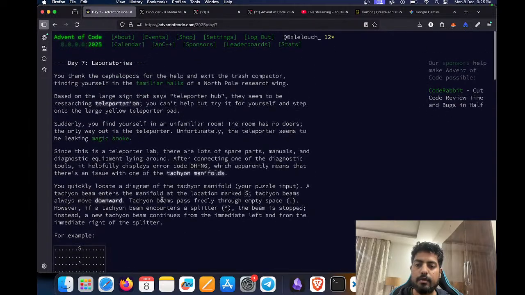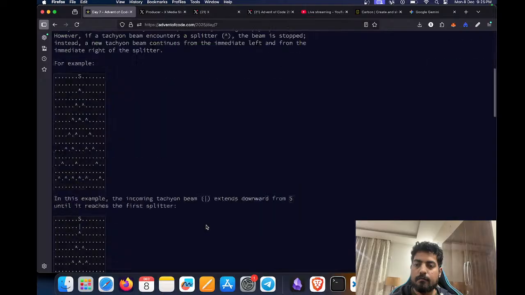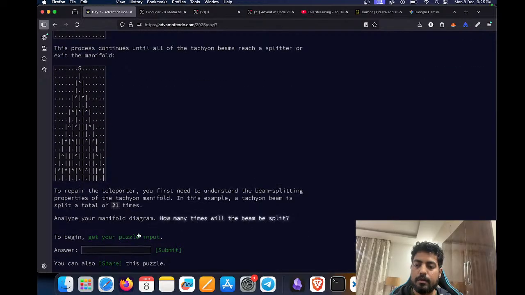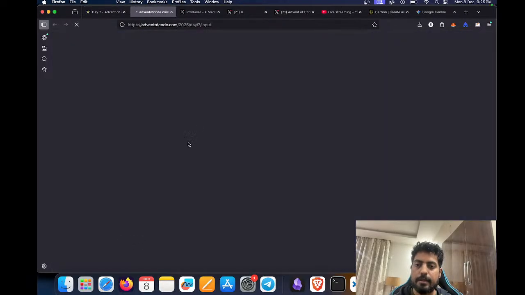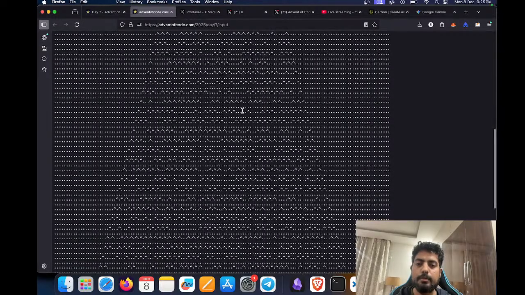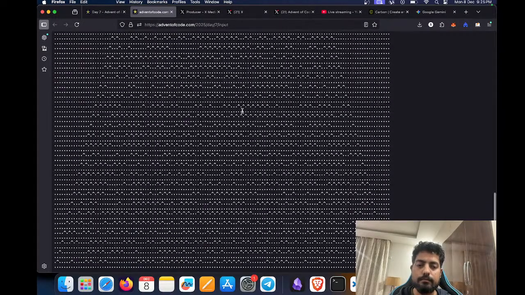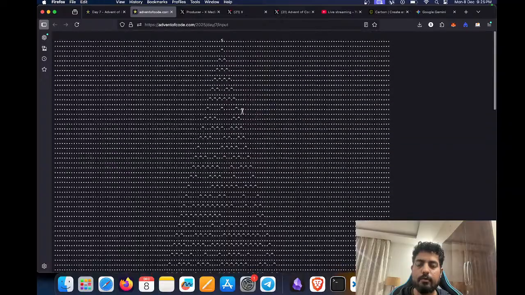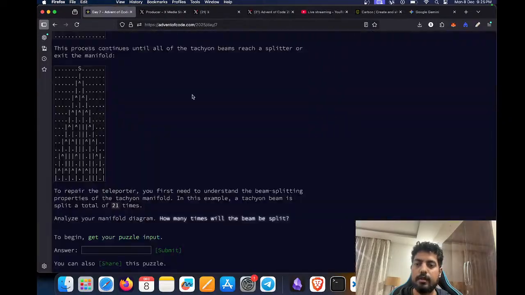They have not revealed the position of S, but if we look at our puzzle input, it is somewhere in the middle. So I'm assuming it's in the middle. Wow, this is very large.